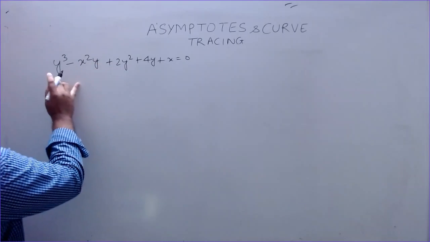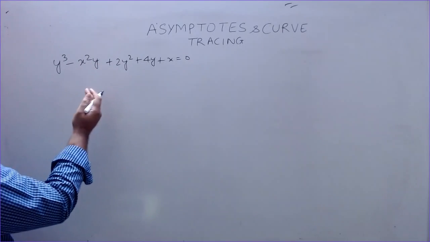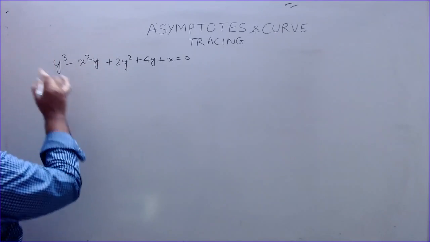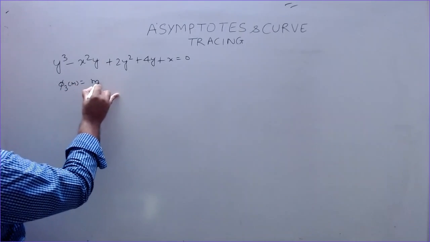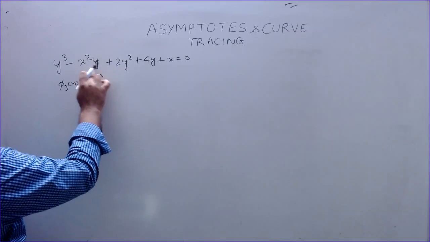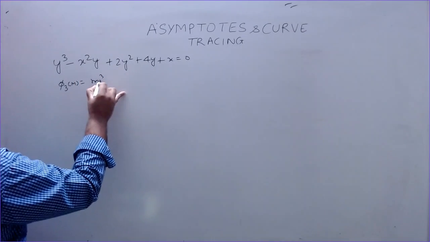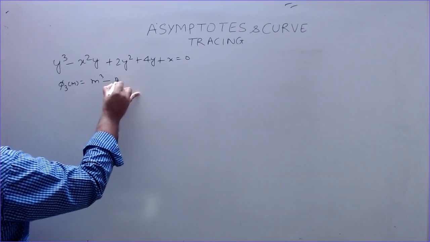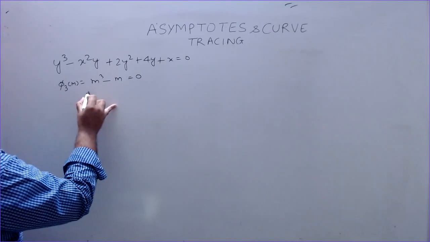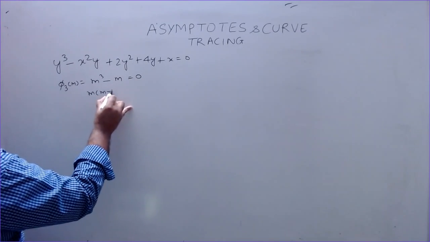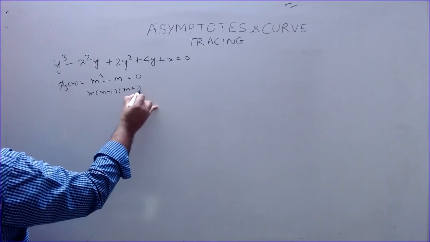Putting y equal to m and x equal to 1 in the highest degree terms of the equation, that is the third degree terms, phi 3 of m is equal to m cubed minus m. If I put this equal to 0, you get m into m minus 1 into m plus 1 equal to 0.